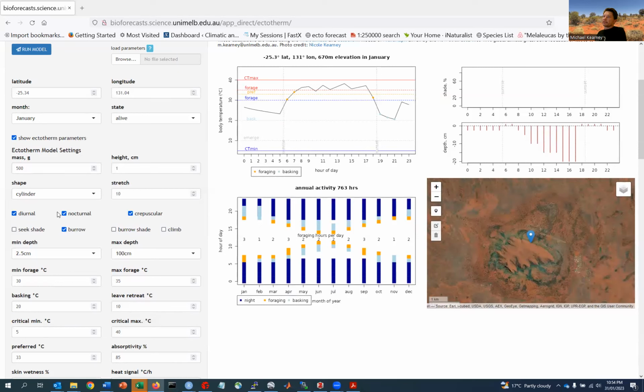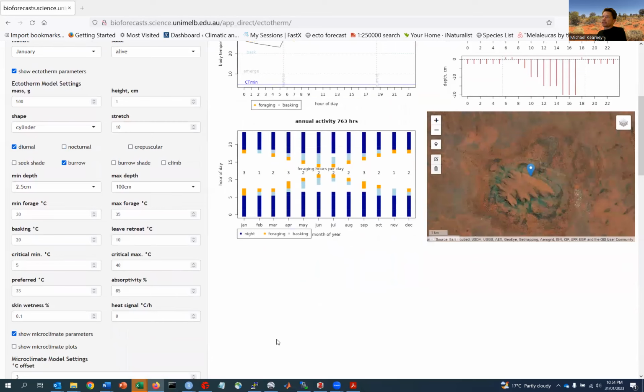Whereas if we said that it's not able to forage at night, that it's behaviorally only diurnal, then we end up with, again, not too different actually in this particular case. It's mainly making up for those hours in the winter, so it's having more foraging in the winter. So it does show you straight away how powerful the effect of shade is relative to, say, just general climate warming.